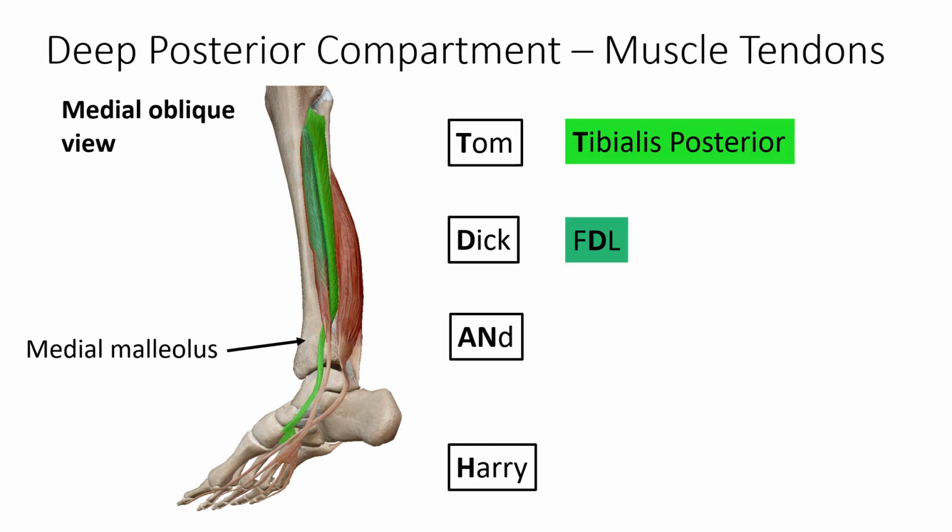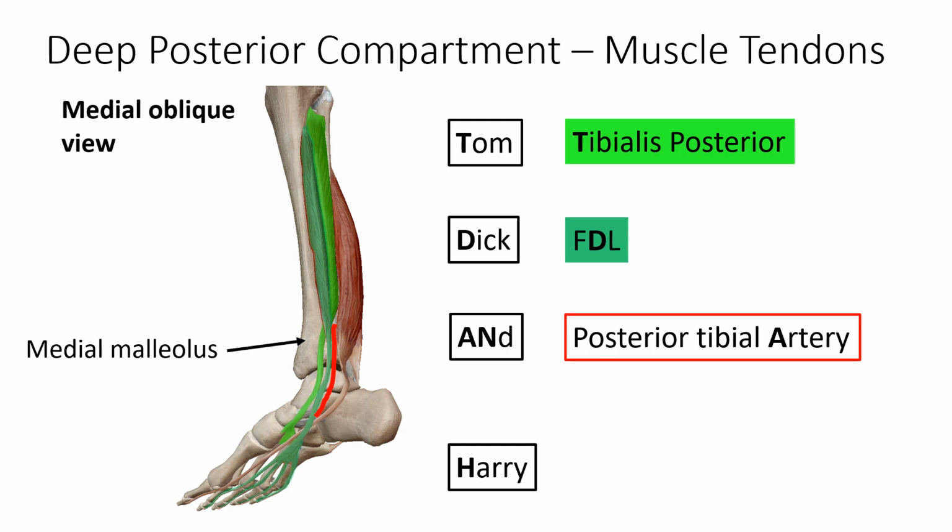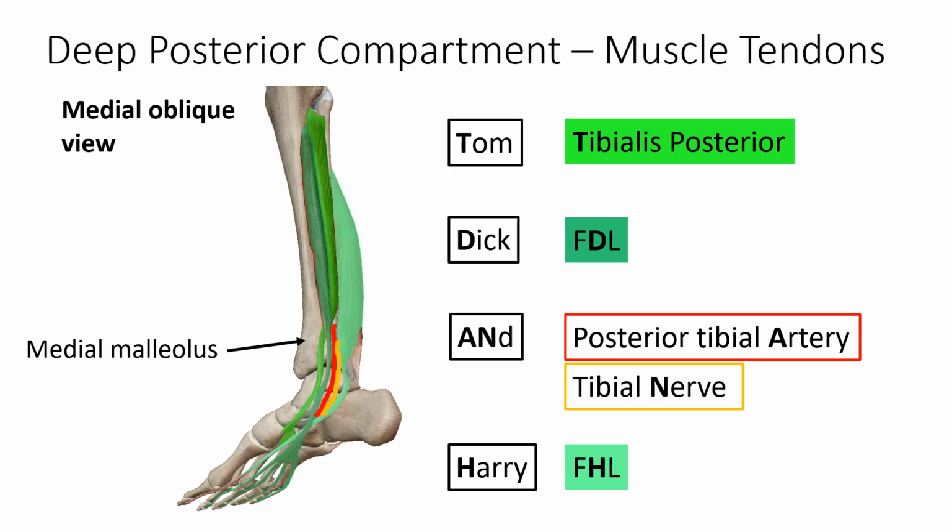The D in Dick stands for flexor digitorum longus, or FDL. Our A is our posterior tibial artery, and the N is our tibial nerve. And finally, the H stands for our flexor hallucis longus, or FHL. I just wanted to note sometimes there's a mnemonic that goes Tom, Dick, and a very nervous Harry, so that way you can identify the vein that also runs in this neurovascular bundle.